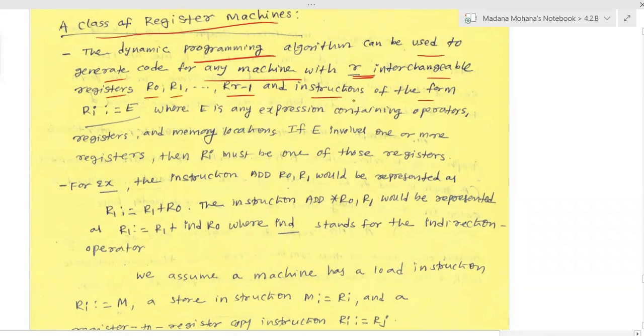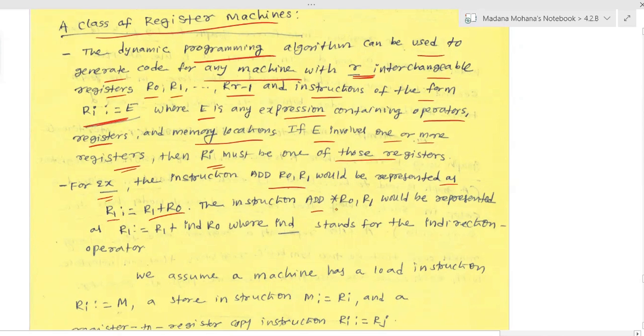and instructions of the form Ri equal to E, where Ri is the register and E is an expression, where E is any expression containing operators, registers, and memory locations. If E involves one or more registers, then Ri must be one of these registers. For example, the instruction add R0, R1 would be represented as R1 equal to R1 plus R0, that is an addition operation.